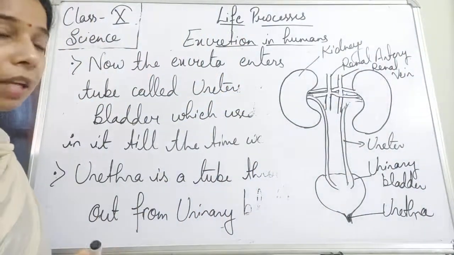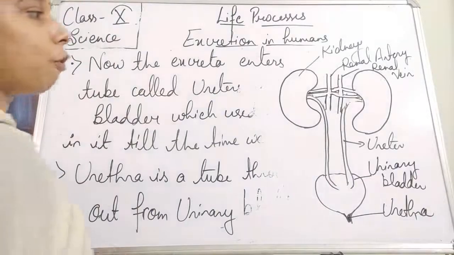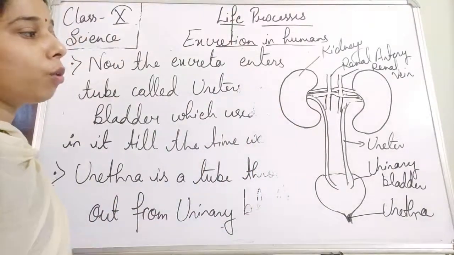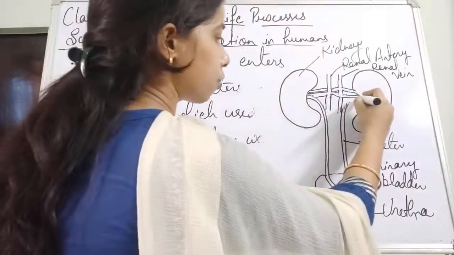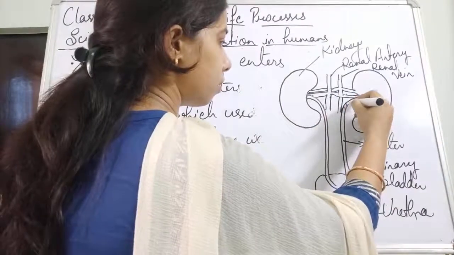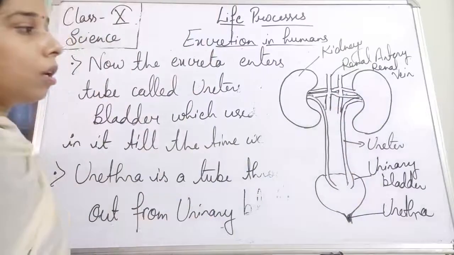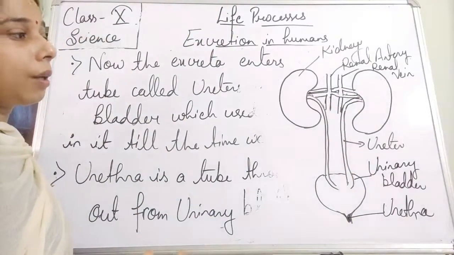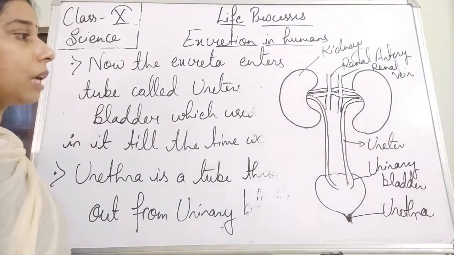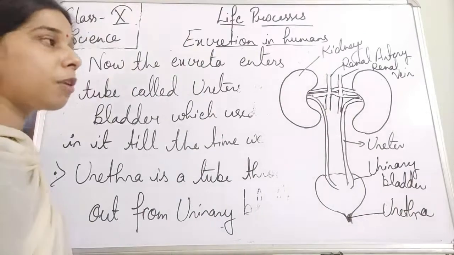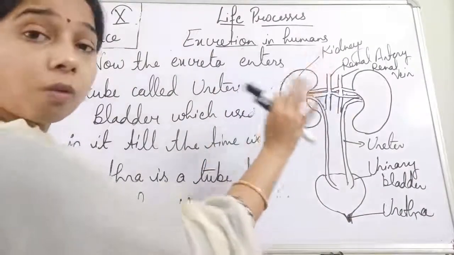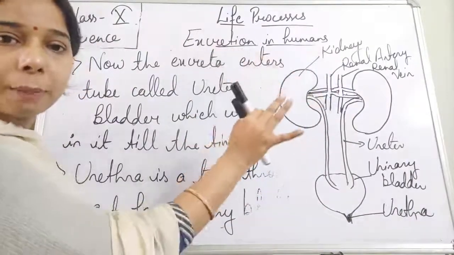So the thing that we have understood here is that there are two kidneys, with a tube-like structure coming out of them. These two kidneys are responsible for the process of filtration. We will talk about exactly what happens here.